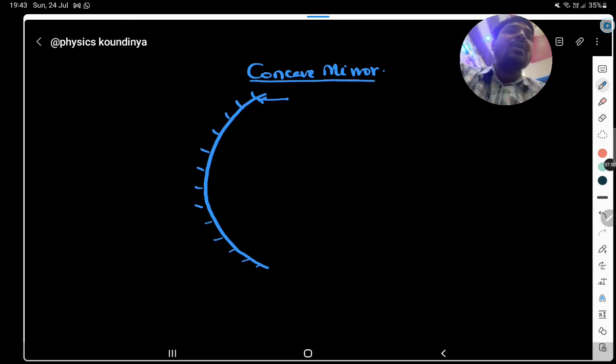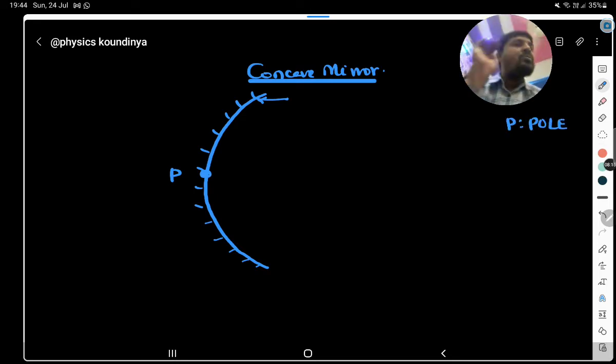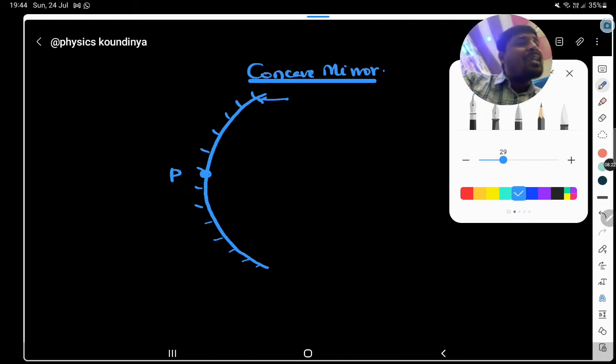Okay. Now, see, this is the concave mirror, and this is having a geometrical center here. Am I right or wrong? Is this part called a geometric center? So this is called as geometric center. This geometric center is what we called as P, stands for pole. So P is called as geometric center of the mirror. So the geometric center of the mirror is called as pole.